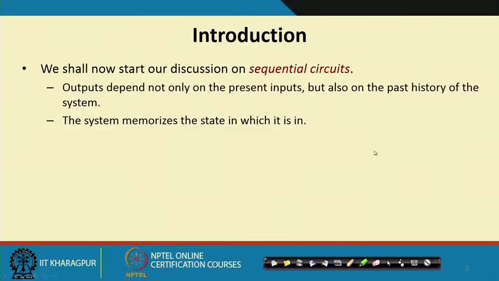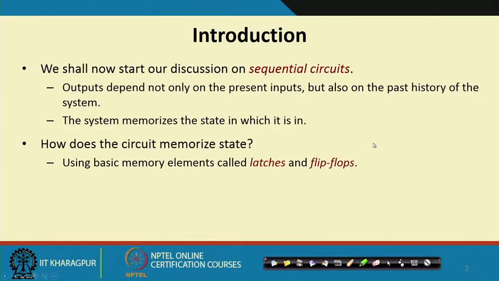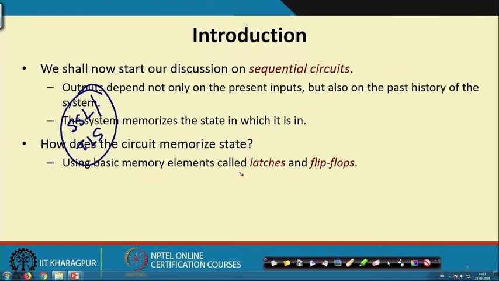There are two types of sequential circuits we can talk about later, synchronous and asynchronous. Mostly we shall be discussing synchronous sequential circuits. In order that the circuit can memorize the states, we have to have some basic memory elements called latches and flip flops.